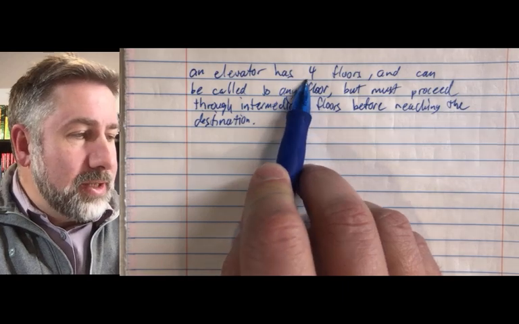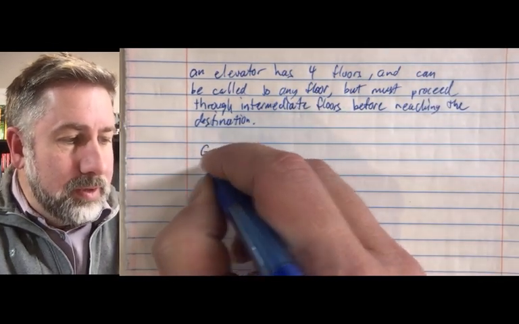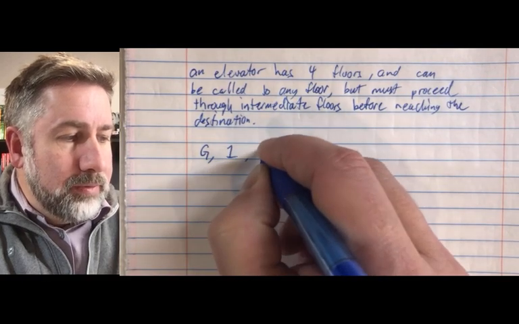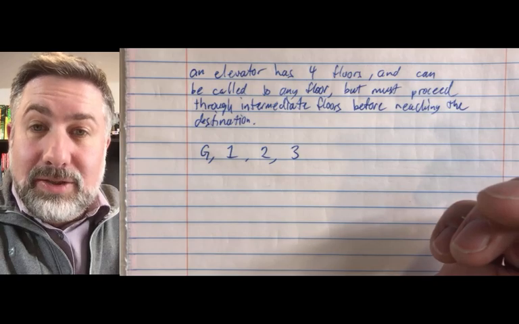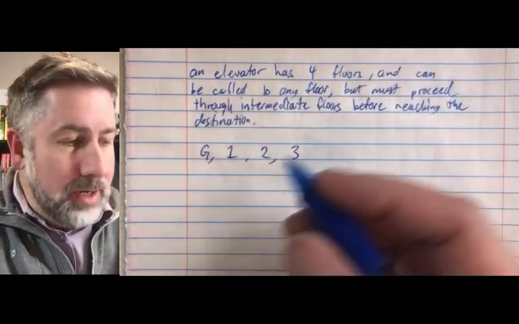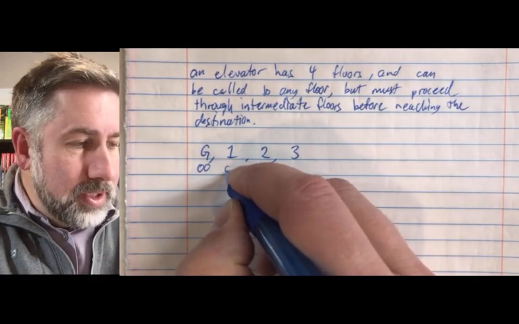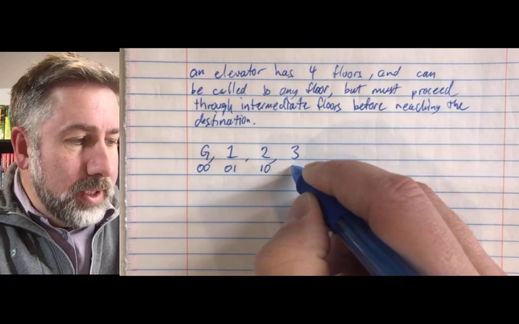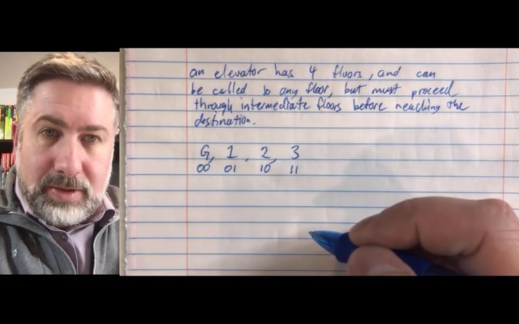So we can say that there are 4 floors, and we maybe list them as the ground floor, floor 1, floor 2, and floor 3. And then these are going to be enumerated by the 2 state variables that we're going to use to describe them. So the ground floor could be state 0, 0. First floor could be state 0, 1, then 1, 0, and 1, 1. 2 state variables and 4 possibilities.